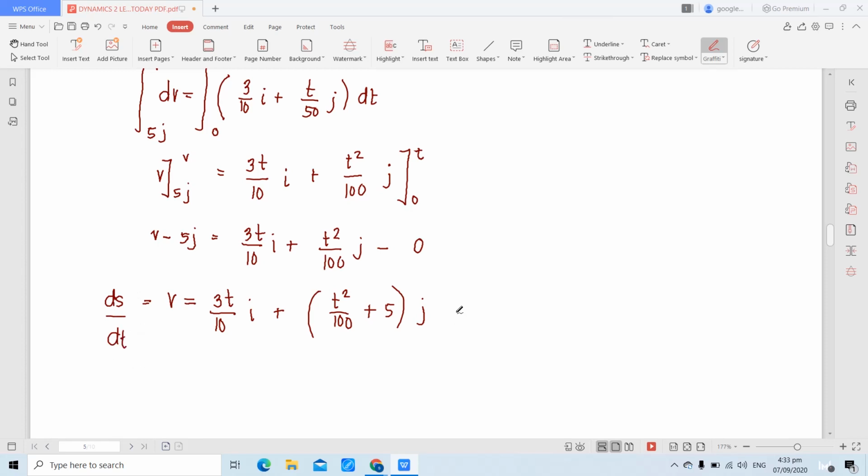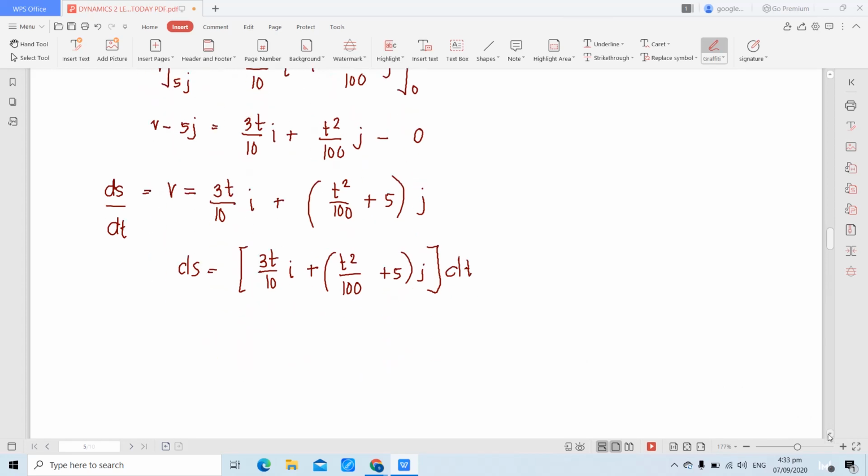And then, cross-multiply ulit. You can say that ds is equivalent to quantity 3t over 10 i plus t squared over 100 plus 5 j dt.